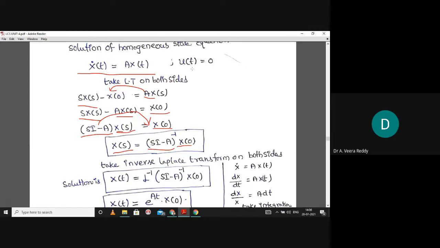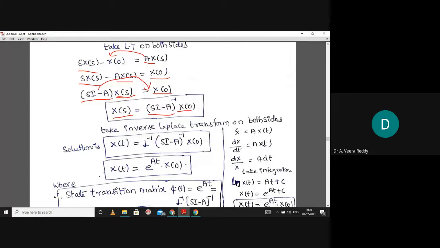So therefore, the solution of the state equation is x of t equal to L inverse of (sI minus A) whole inverse into x of 0. This method we can call the Laplace transform approach or Laplace transform method.